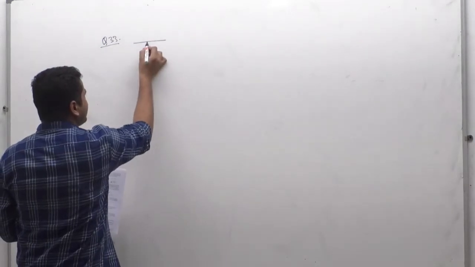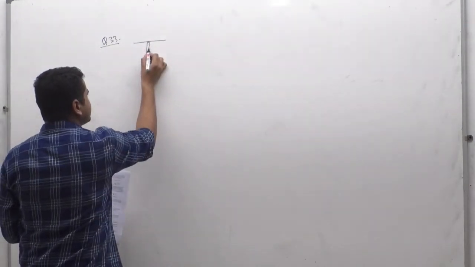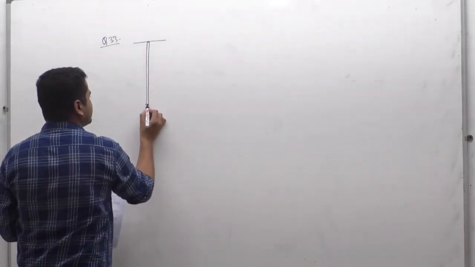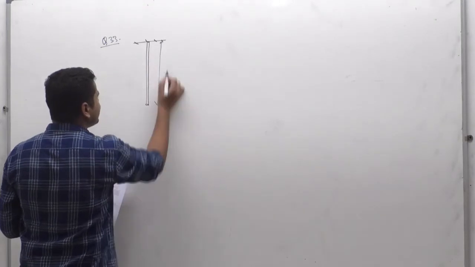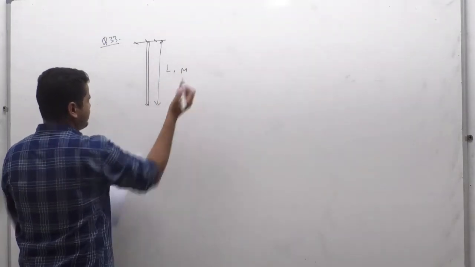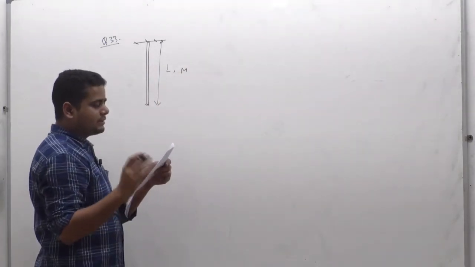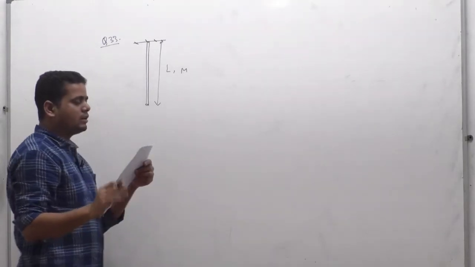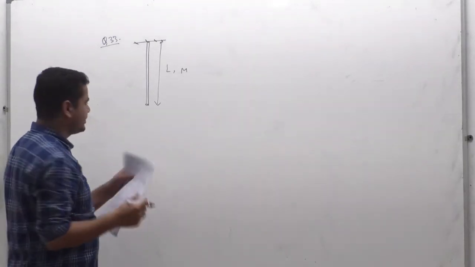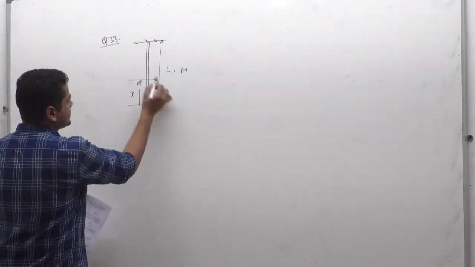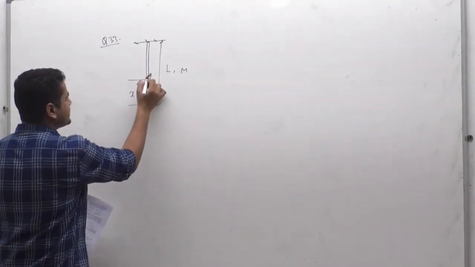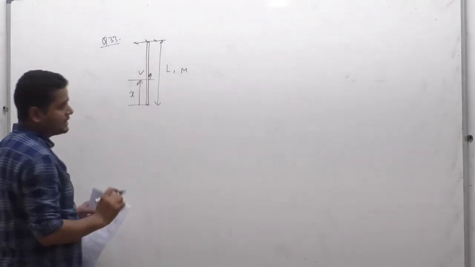Suppose this is the fixed point, this is the string which is hanging like this. This is the fixed support. Length is L, so the length of this part is L, mass is M. Then the velocity of the transverse waves along the string at a distance x from the free end. This end is free, so from this point at a distance x, what is the velocity of the wave? That we have to find out.